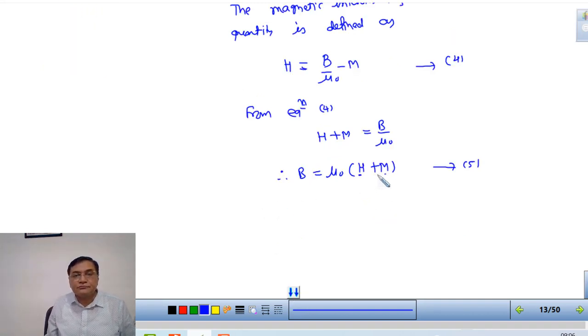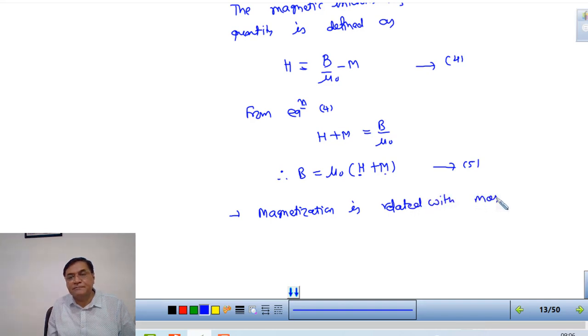Now, M and H, how are they related? Magnetization is related with magnetic intensity.